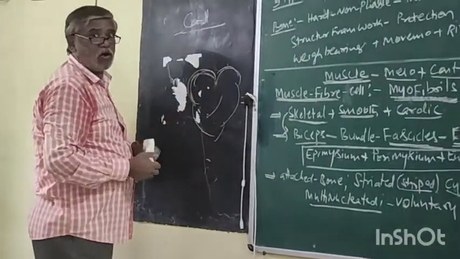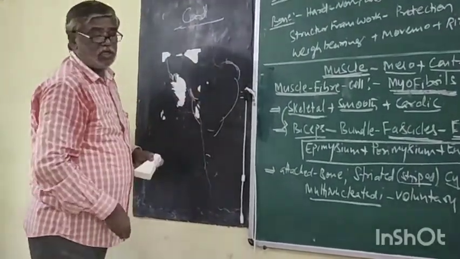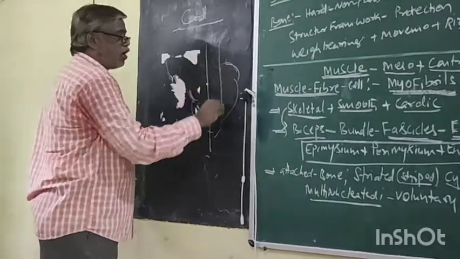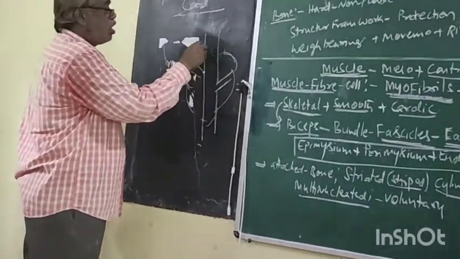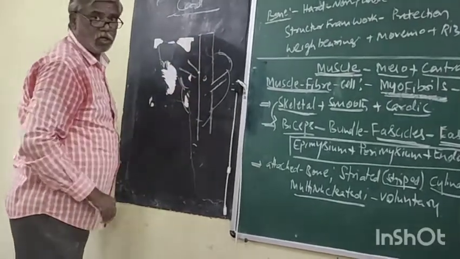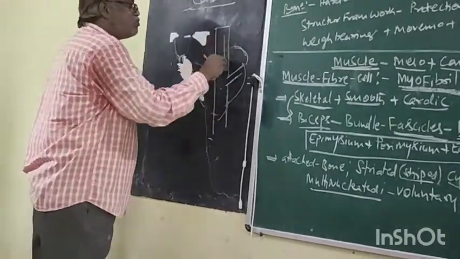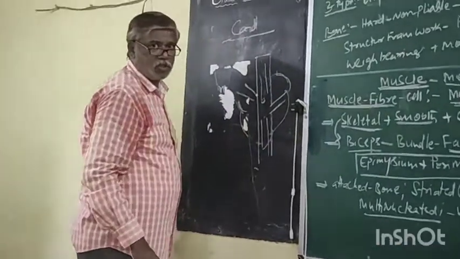Hence, it is called cardiac. Each cardiac muscle cell is cylindrical, branched, uninucleated, and striped.